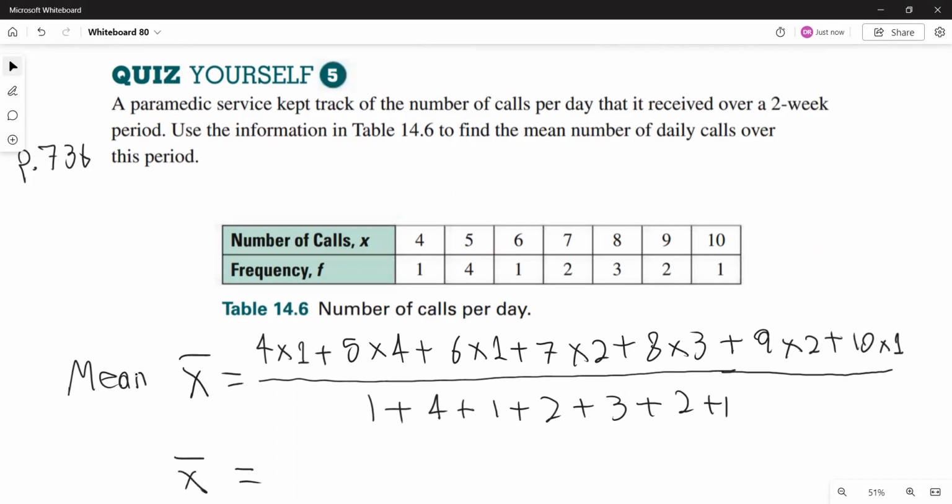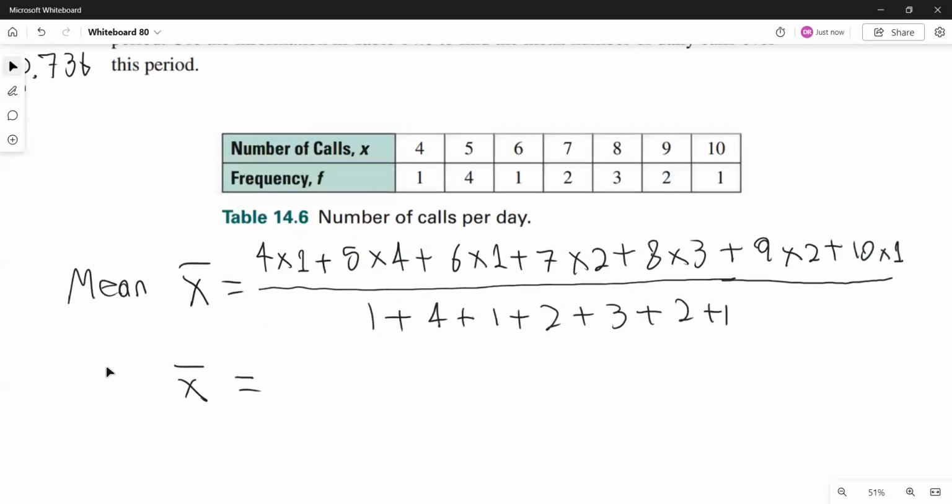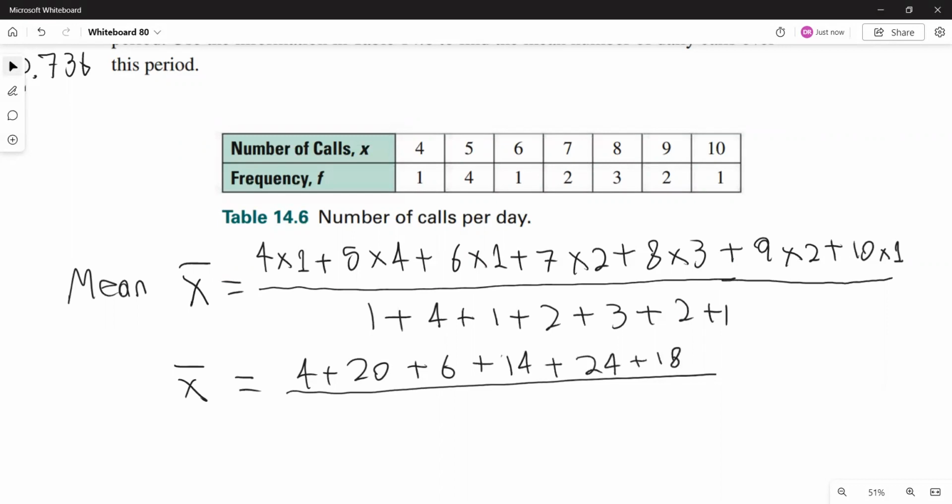And the mean, so what is that? 4 plus 20 plus 6 plus 14 plus 24 plus 18 plus 10.